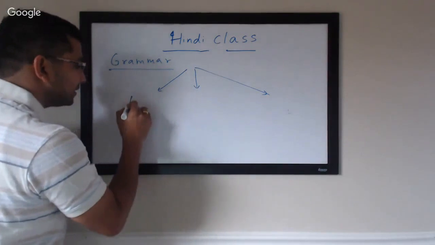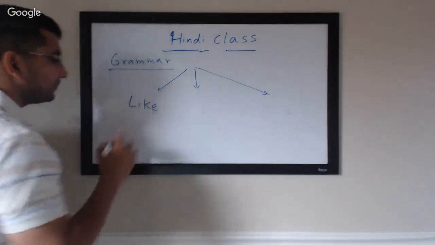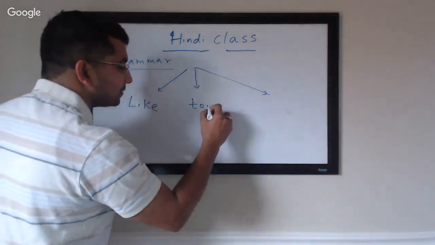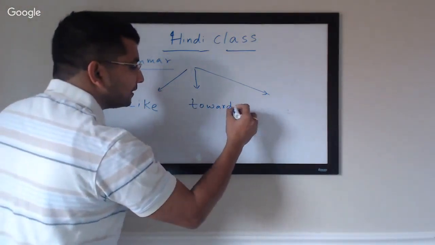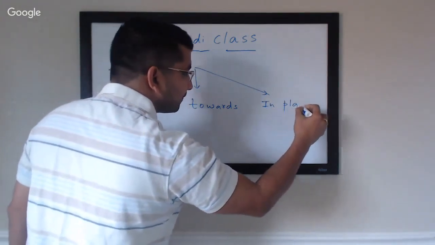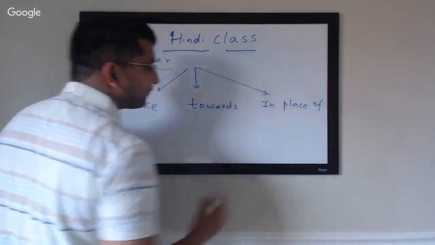The first one is like. The second one is towards. And the third one is in place of or instead of.